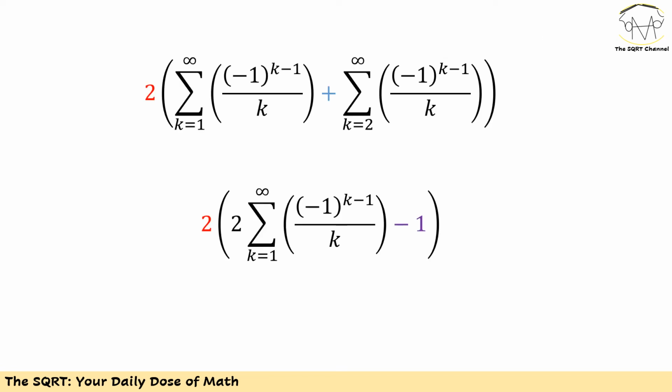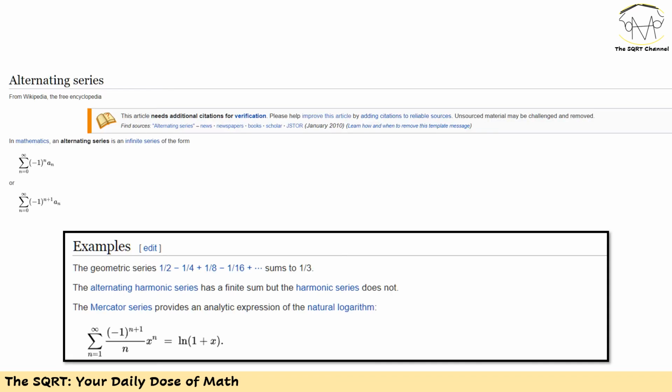Now I'm going to combine these two. The problem is one of them starts from k equals 1 and the other one starts from k equals 2. So I'm going to compensate for that by subtracting 1 here. Now I need to evaluate the expression that I have. To do this, I'm going to refer to this alternating series on Wikipedia that I have here, you can take a look.